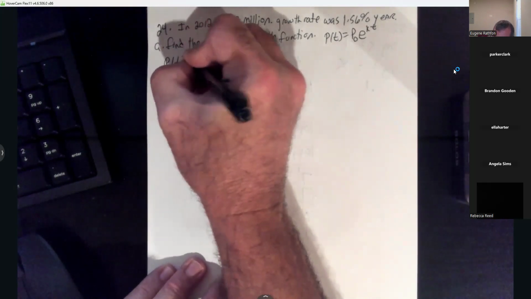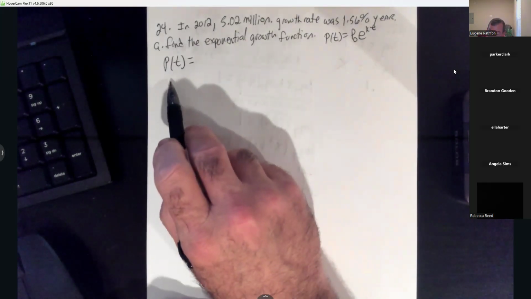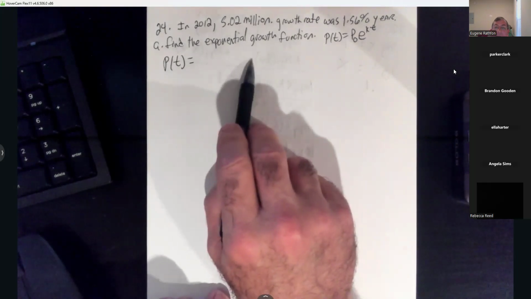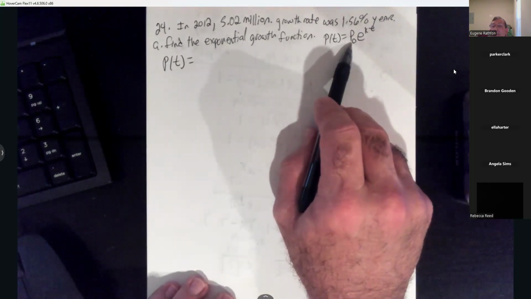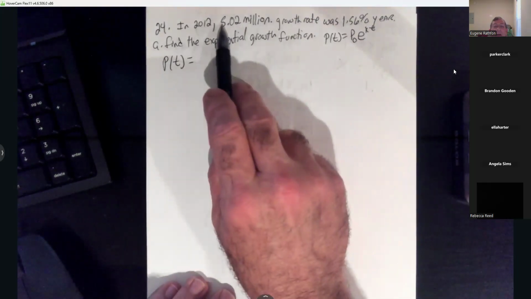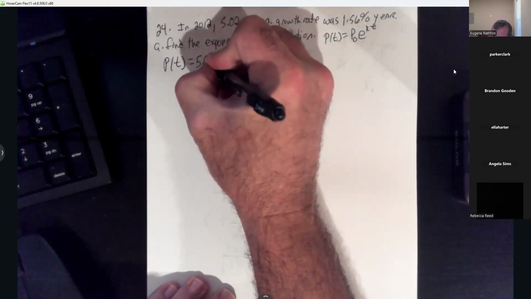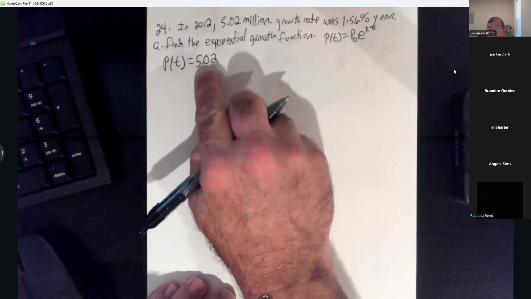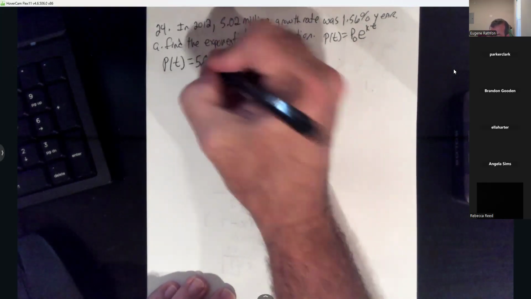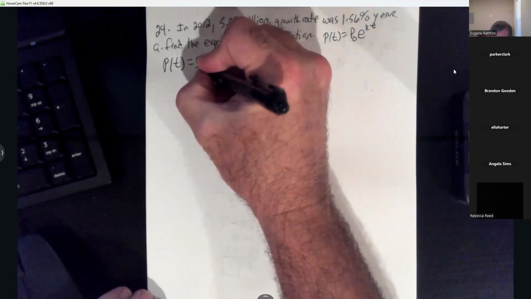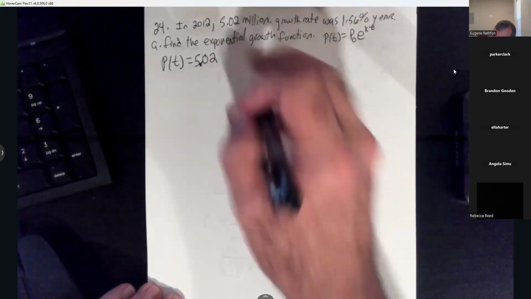MathLab will give you the P of T. We have to fill out the right side. My initial population was 5.02. It's understood to be in millions, but we don't have to actually write that million. So we've got 5.02 times e.